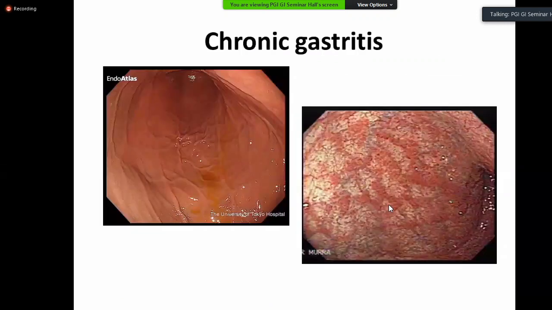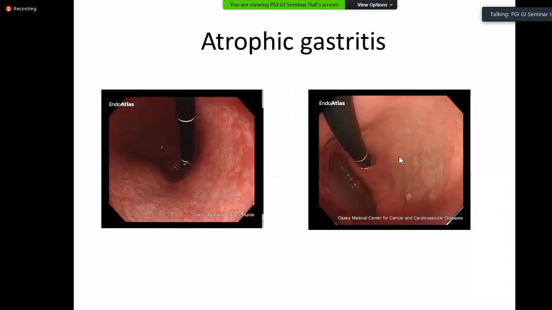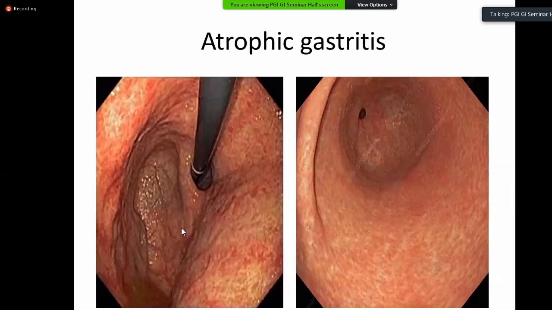Now, a bit about chronic gastritis. This is the normal vascular pattern of the stomach. This is when you see the vessels, the mucosa is so thin that you can see the vessels, and there is discoloration of the stomach. So in a patient with chronic atrophic gastritis, in the fundus there is a visible vascular pattern and pale mucosa. In the antrum, you may have a salt and pepper-like mucosa.